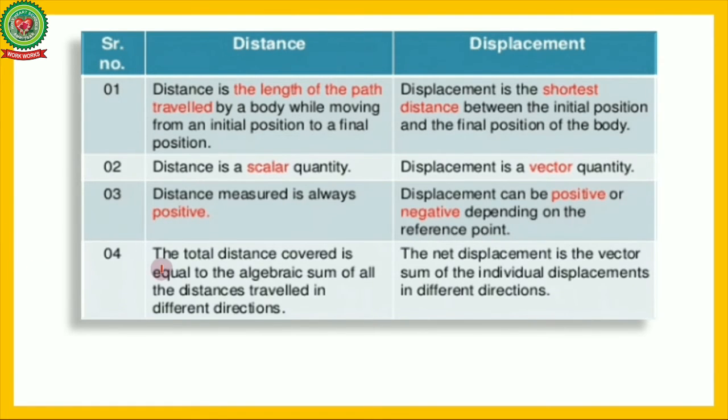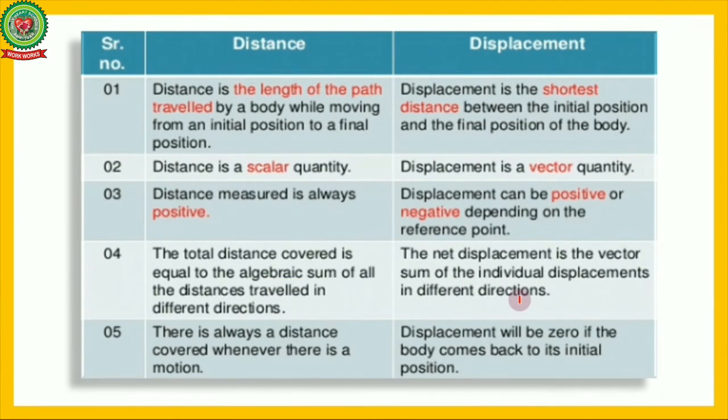The fourth point says the total distance covered is equal to the algebraic sum of all the distances travelled in different directions. On the other hand, the net displacement is the vector sum of the individual displacements in different directions. The fifth point says there is always a distance covered whenever there is a motion, whereas displacement will be 0 if the body comes back to its initial position.